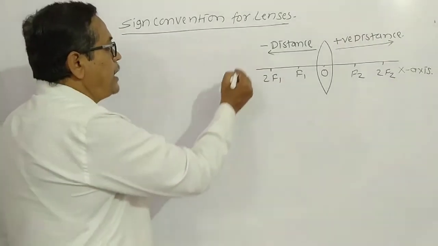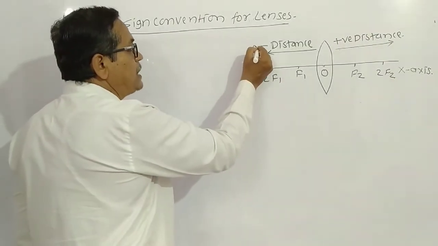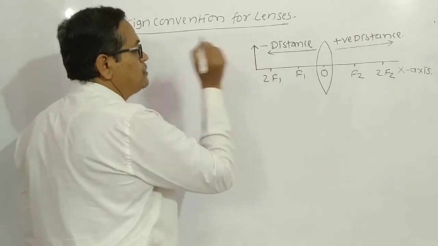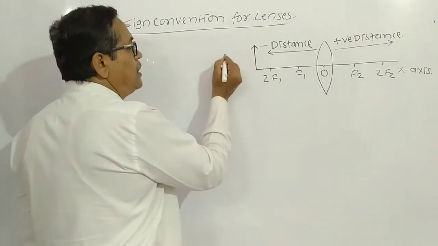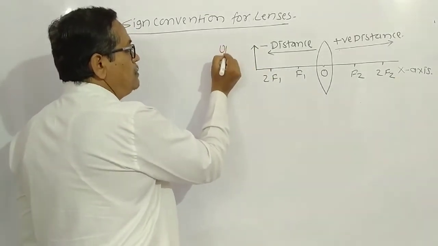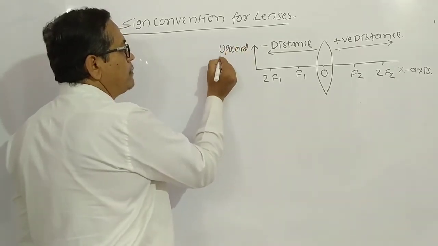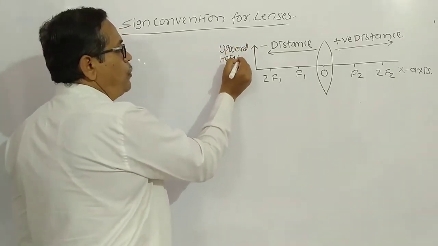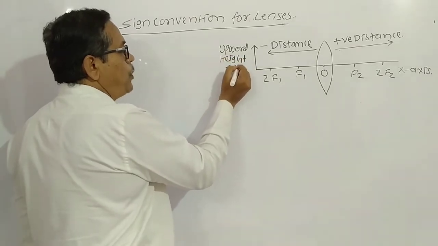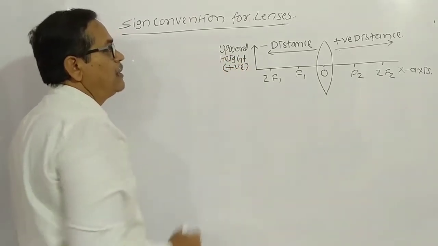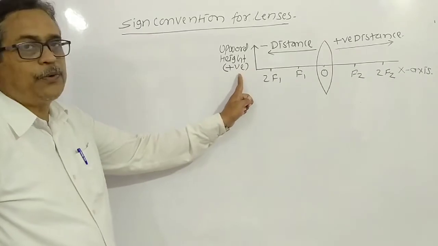Then you know height above the principal axis, here the height of the object, that upward height is positive height. Upward height is positive height.